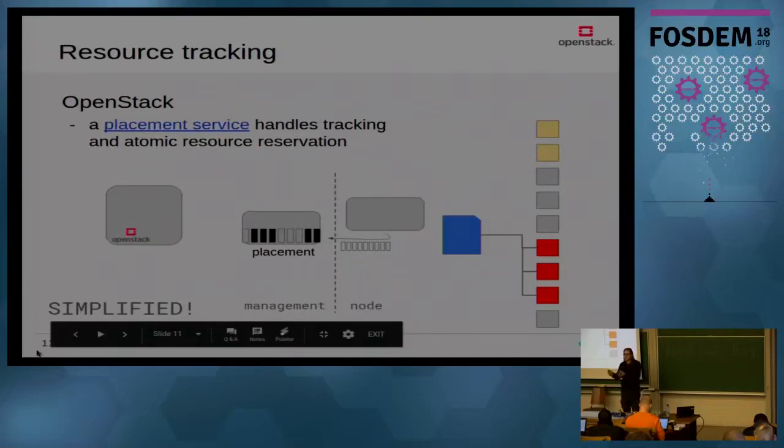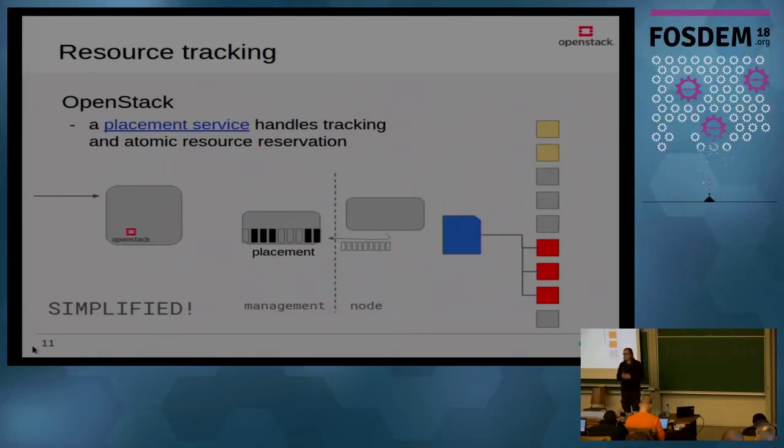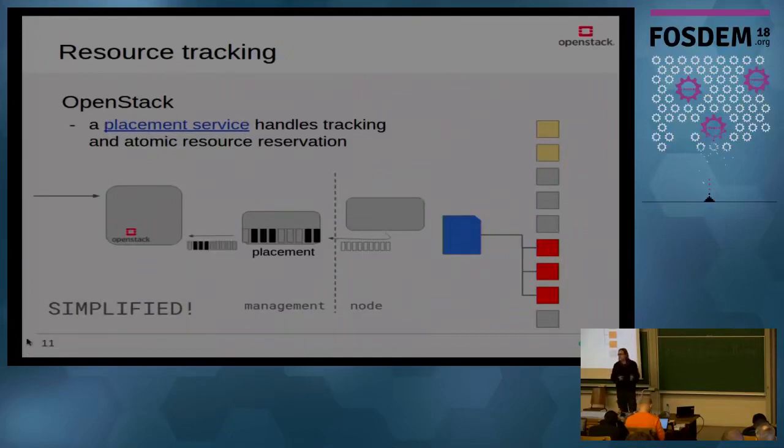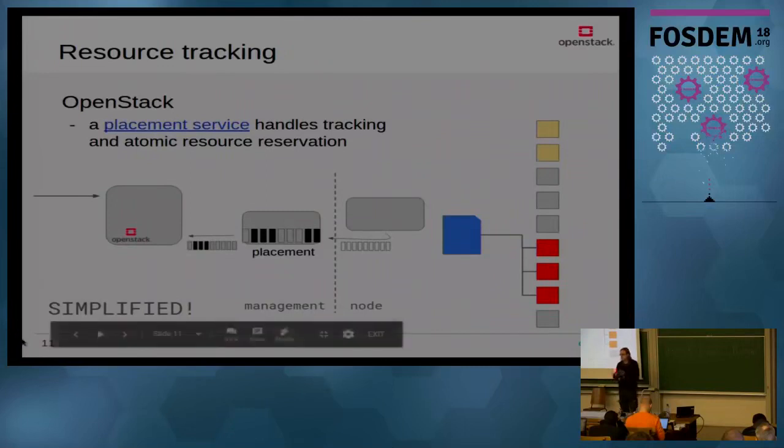And that's the single point of information for all the resources. So again, the request comes to the scheduler asking for a VM to be started. But this time, the scheduler first gets all the free resources from the placement service, asking for data, and then computes the result.